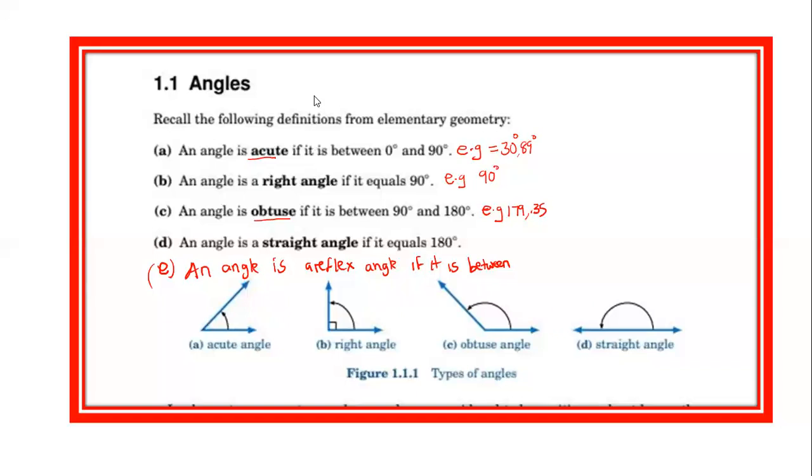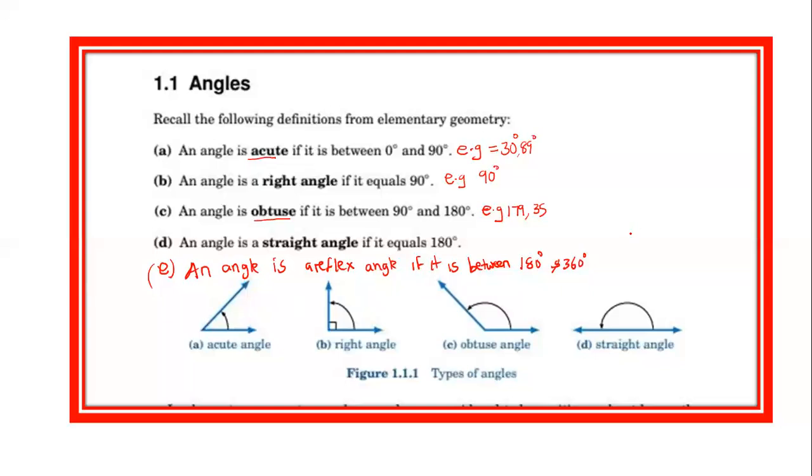Very good. Yes, Rosemary. Some are saying 180 to 360, others are saying 270 to 360, but the majority are saying 180 to 360. Very good. So it is between 180 degrees and 360 degrees. Those are what you call the reflex angles.